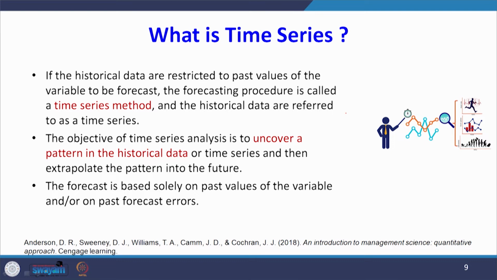The objective of time series analysis is to uncover a pattern in the historical data or time series and then extrapolate the pattern into the future. The forecast is based solely on past values of the variable and or on past forecast errors.